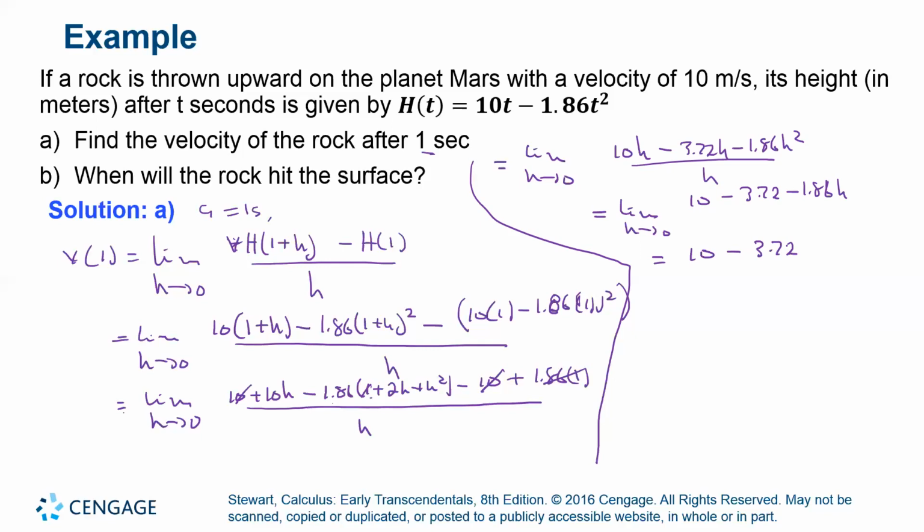And then when you simplify that, this is equal to 6.28 meters per second. So that's the velocity of the rock.